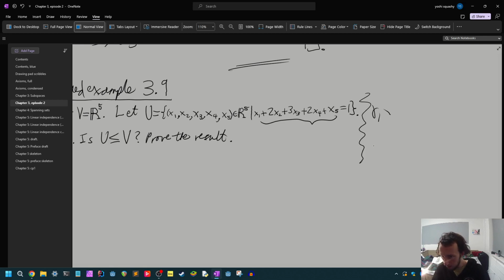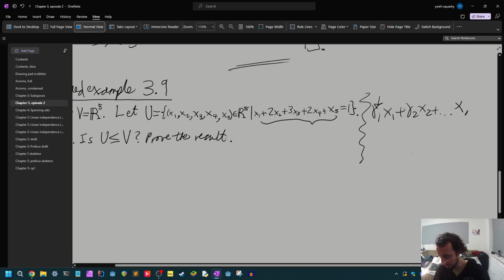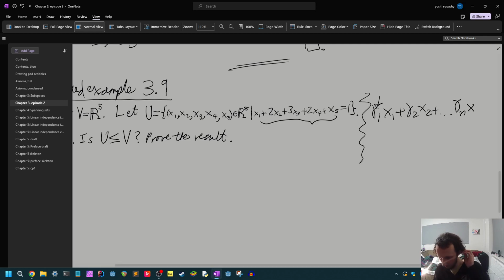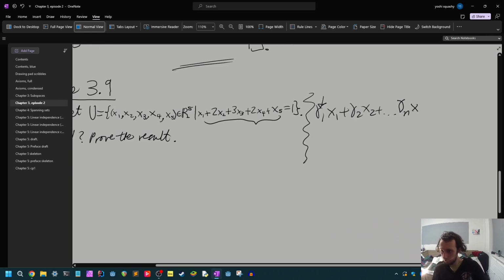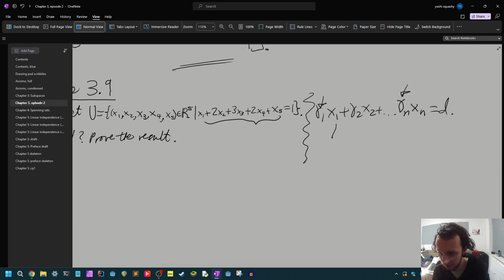So we've got lambda 1 x1, where this is just some scalar multiple, plus lambda 2 x2, plus, and so on, up to lambda n xn, equals d, where d is a scalar and so are these lambdas. Then we know this is going to be some hyperplane. In particular, it's going to be an n-1 dimensional one.